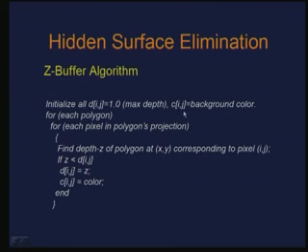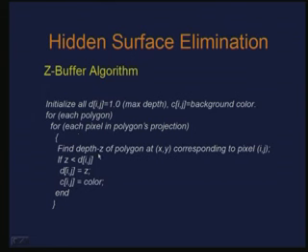So, now what we are doing here is for each polygon, we are basically plotting each polygon. For each polygon, and within each polygon, for each pixel in the polygon's projection, that means we are doing a scan conversion of the polygon, right.